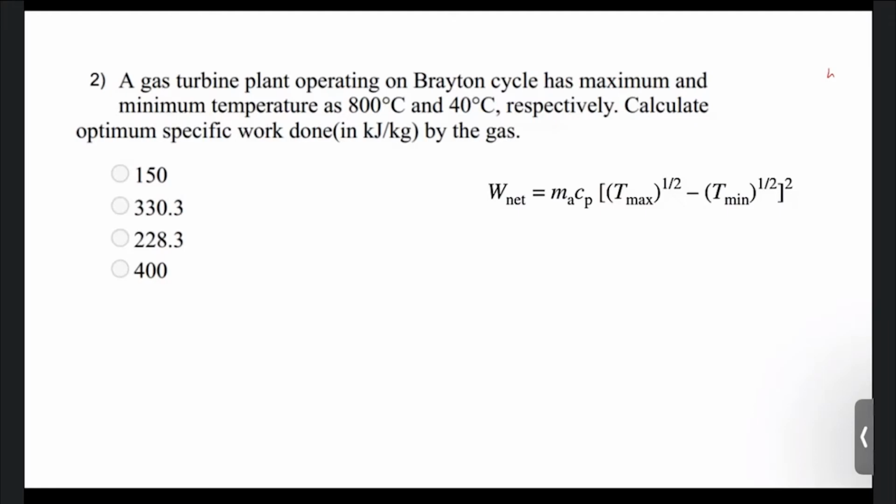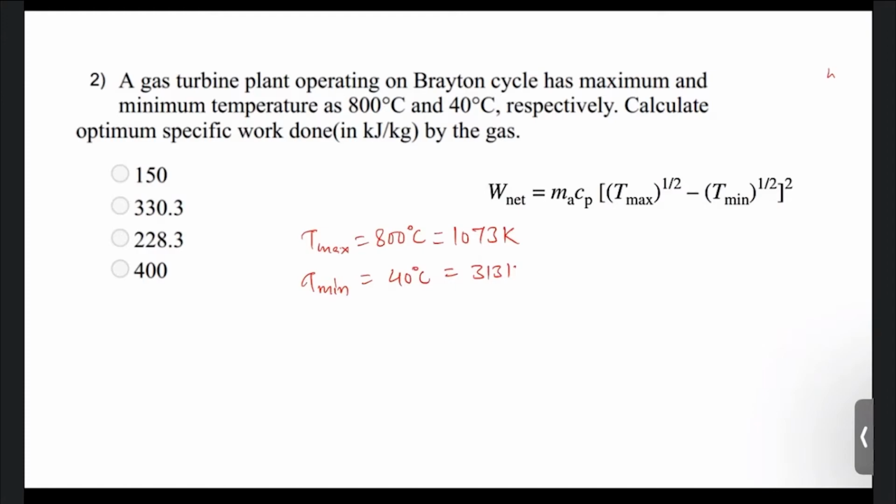Okay, so here we are given T max, that is 800 degrees centigrade or 1073 Kelvin, and also we are given T minimum, that is 40 degrees centigrade or 313 Kelvin. And we are asked to calculate optimum specific work done.